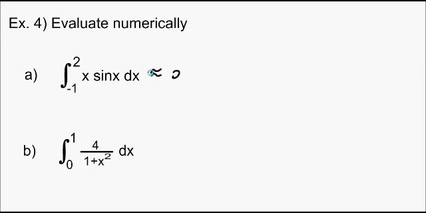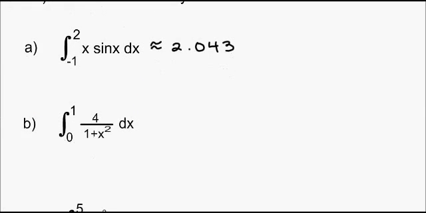So it's approximately 2.043. Okay, we're going to do this again. This is our function, but be careful with the parentheses. Just watch how I enter it in for you.